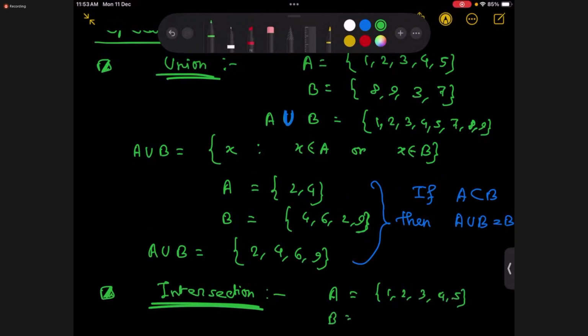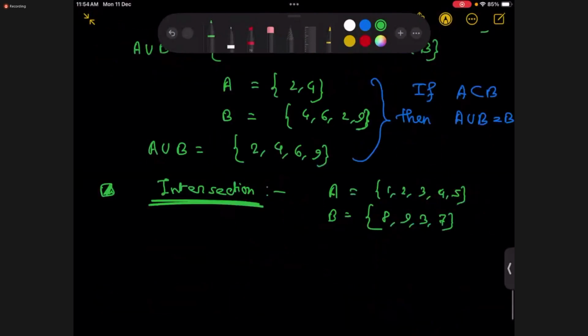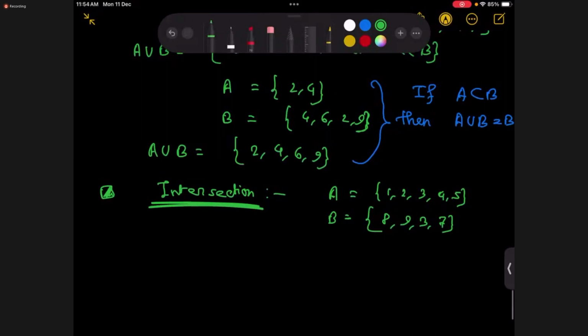B equals 8, 9, 3, 7. So what about A intersection B? In this set, we are collecting all those elements which are common in both A and B. We find that there is only one element common in both A and B, and that is the element 3.